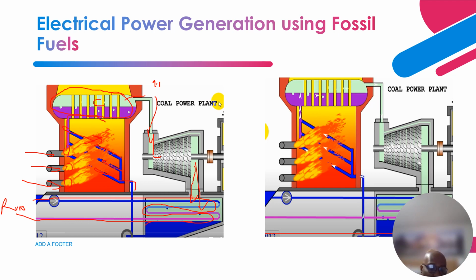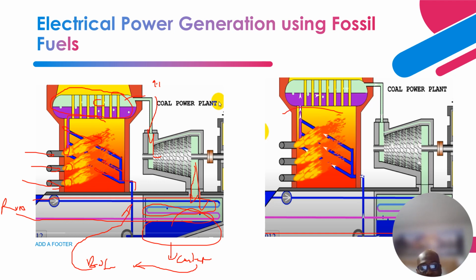This is the bottom water that flows to the condensate pump, and the condensate pump pumps it to the boiler feed pump. Then from the boiler feed pump, it comes back into the boiler as a closed cycle.